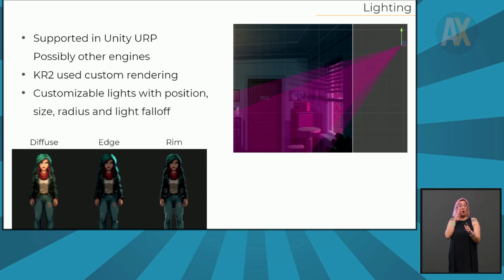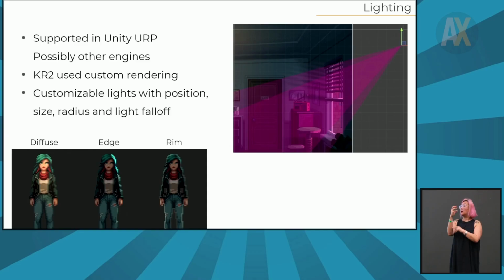Other engines might also support it, but for us, we were using the old built-in pipeline, so I had to implement this rendering by myself, including a way for us to define settings for position, size, radius, and light fall-off. And also settings for the different types of light. So we have diffuse, edge, and rim light, which you can see here. You can think of those last three as light from the front, from the edge, and from behind.